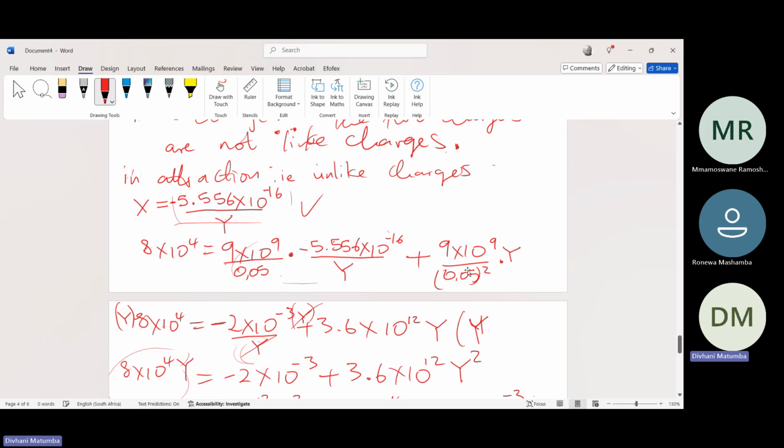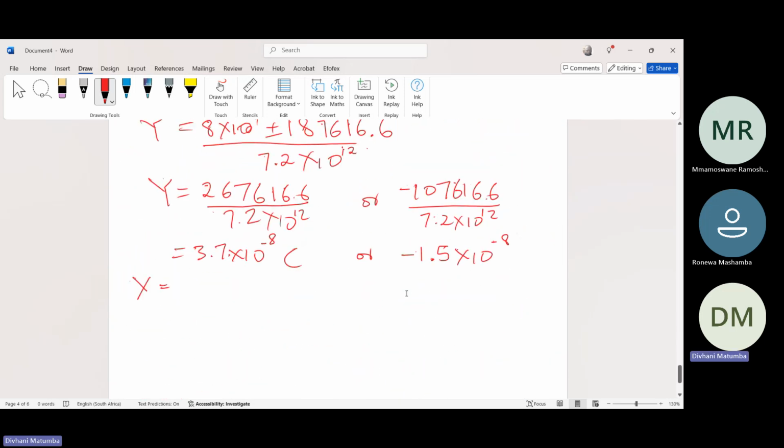So I'm just going to replace. x will be 5.556 times 10 to the power of minus 16 divided by the value of y, which is 3.7 times 10 to the power of minus 8. So this gave me minus 1.5 times 10 to the power of minus 8.